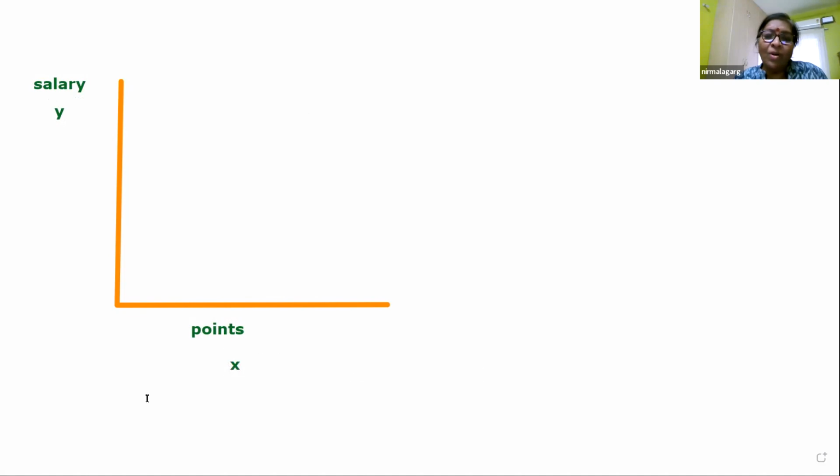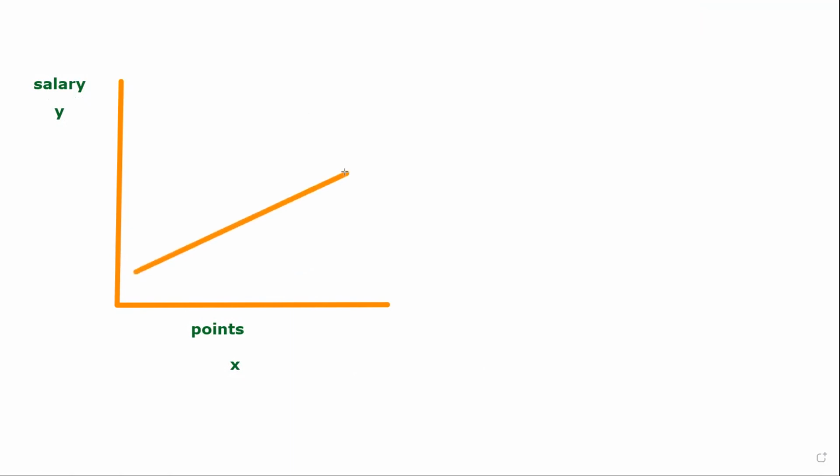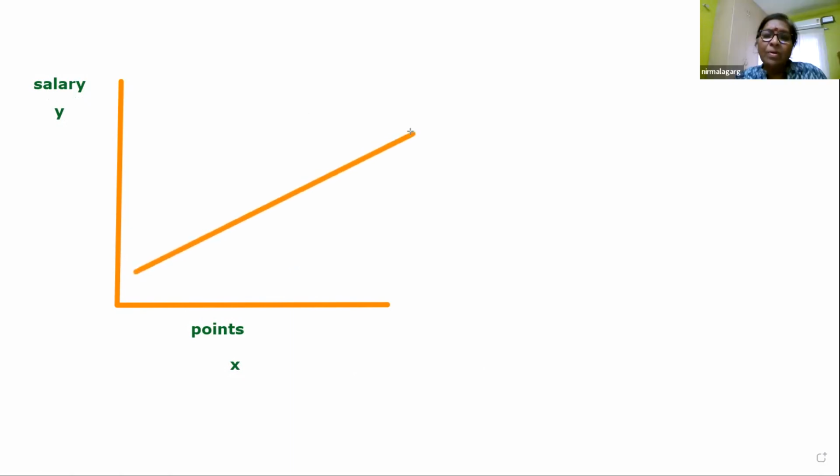Now, what was that pay line? When you actually plotted it as a scatter graph, you saw that there was a line. I have to use a line. It's a pay line.